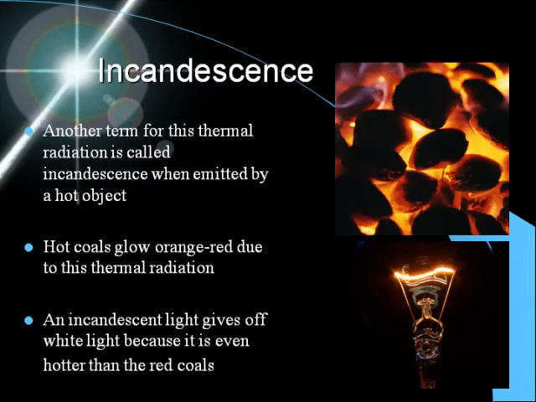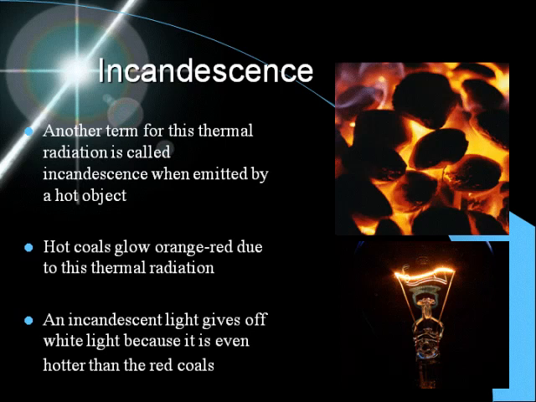The process of radiating light, especially if it's visible light, is called incandescence. Again, it's another term for black body or thermal radiation. And if you've ever watched hot coals on like a barbecue, you can see the reddish-orange light that they give off. This glow is thermal radiation.